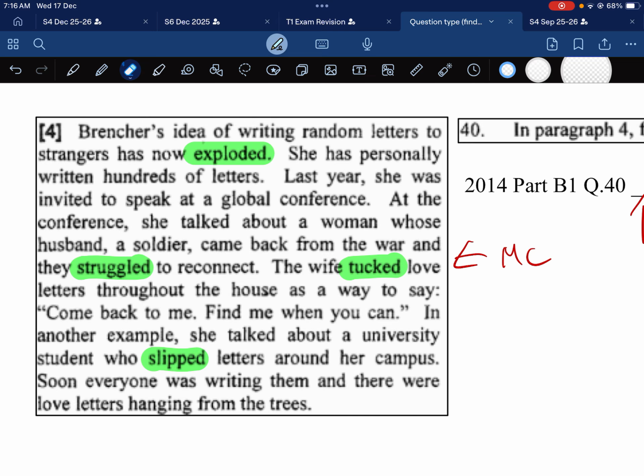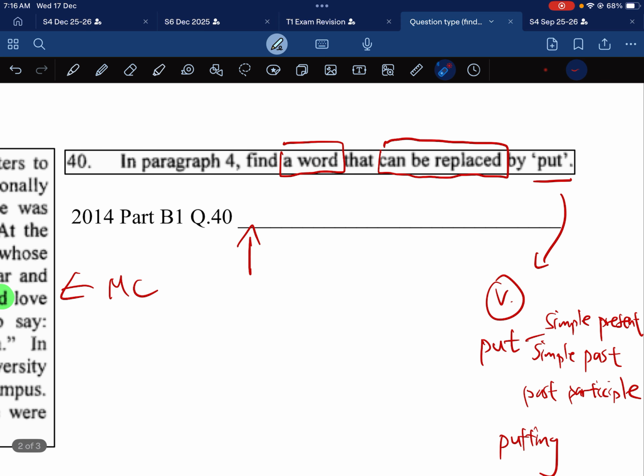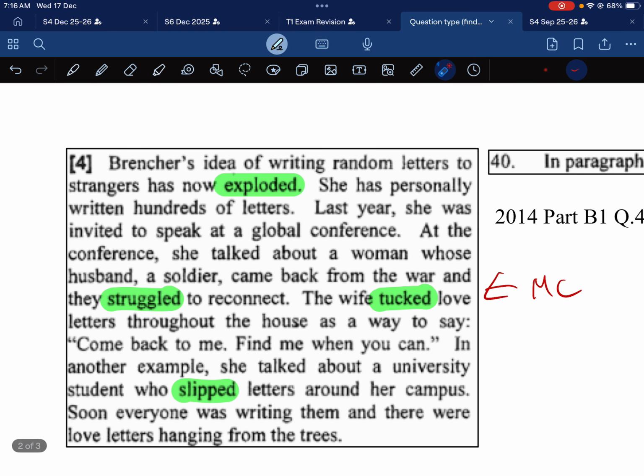Okay? Then remember, one of the skills is that you just put the word put into some of the answers here. Can we put the word put here, or here, or here, or here? Let's take a look at it.